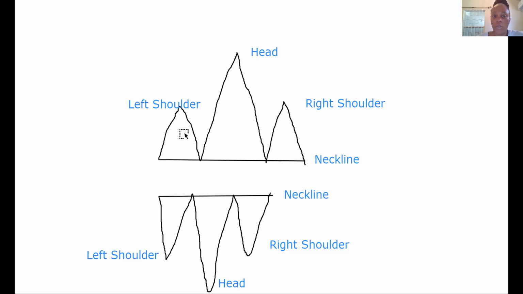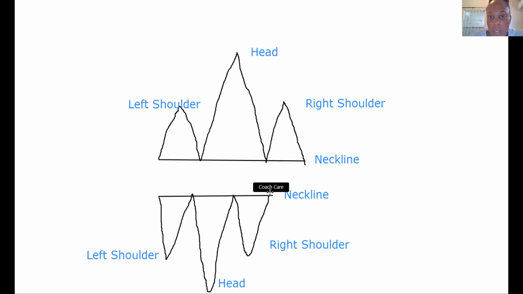Because in a regular head and shoulder, price bounces off from support and goes back up. In an inverted head and shoulder, price bounces off from resistance and goes back down. Right? To finish the formation of the head and shoulder pattern. All right, so this is very important for you guys to note. These are the main components of the head and shoulder pattern.